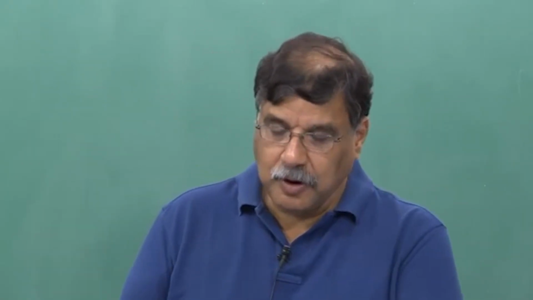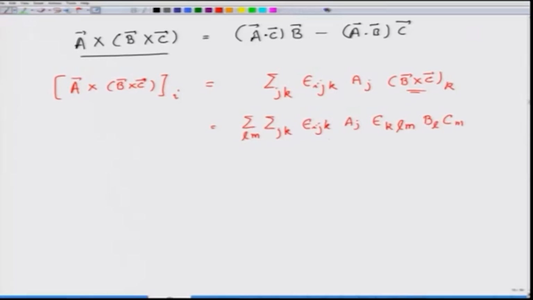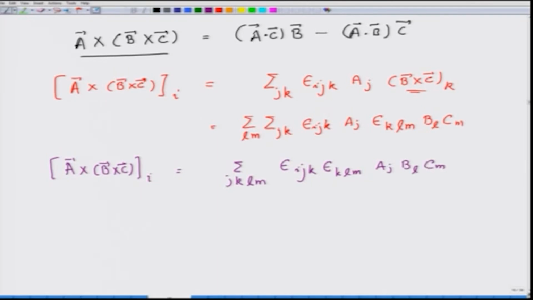Now, I am going to use some properties of epsilon products. So, let us first express this again. A cross (B cross C), ith component, that is x, y or z component, is equal to summation over j, k, l, m epsilon_ijk epsilon_klm A_j B_l C_m.